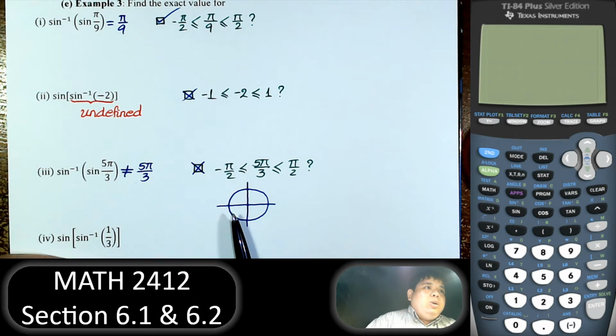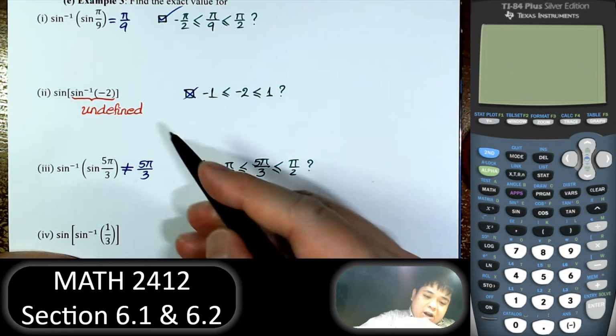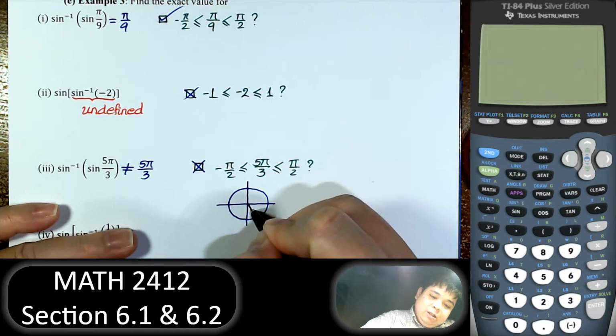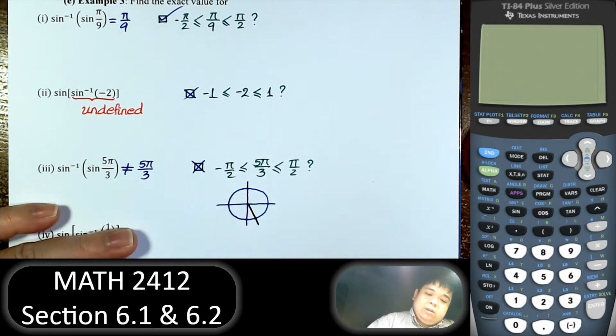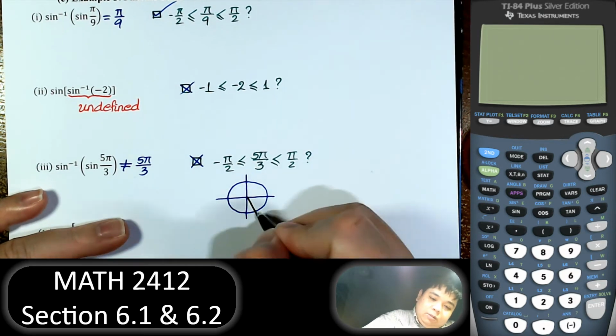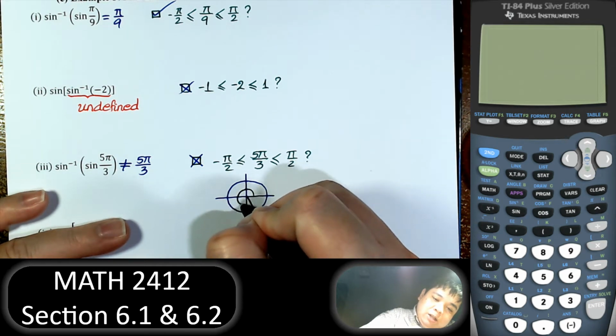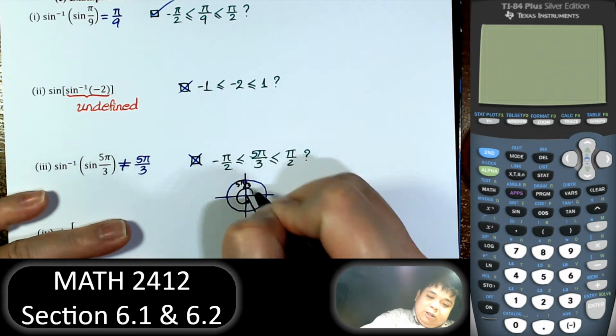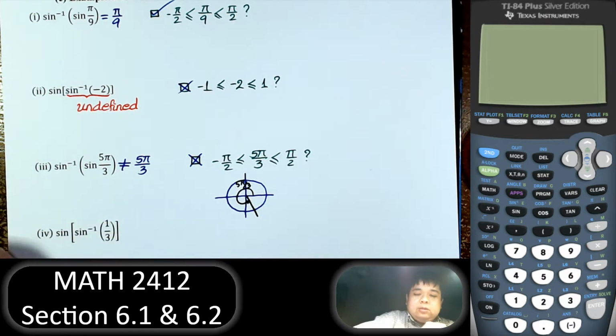Five divided by 3 is about 1.66. So we talk about 5 pi over 3 is about here. So that is the angle of 5 pi over 3. Right.